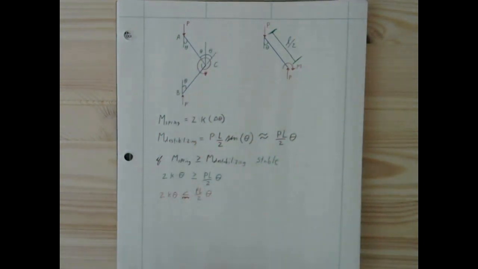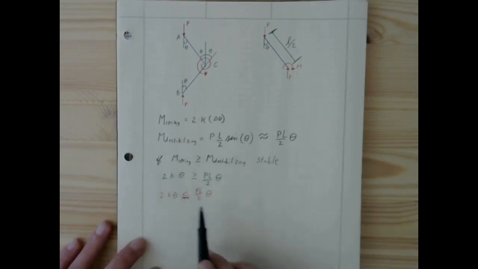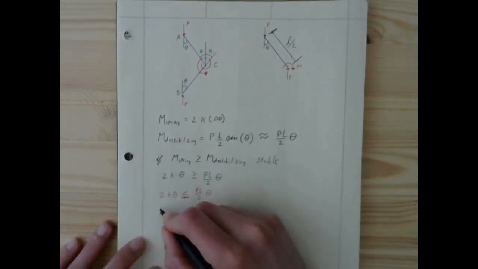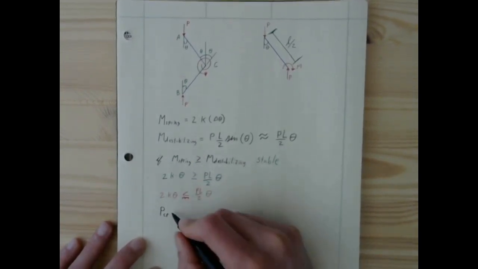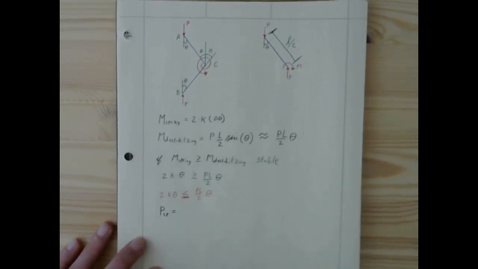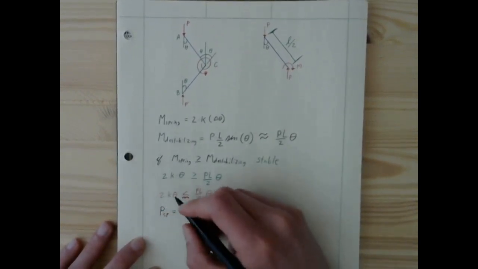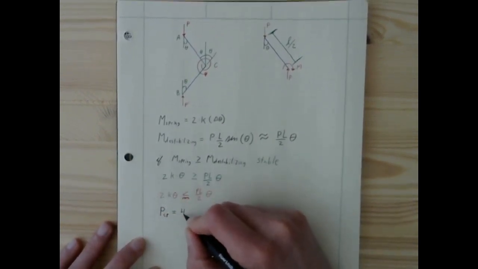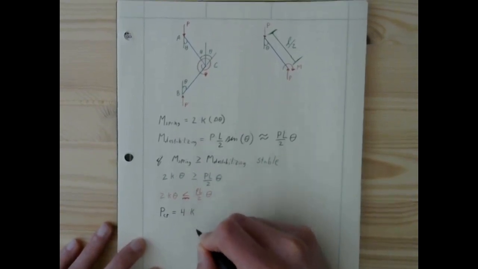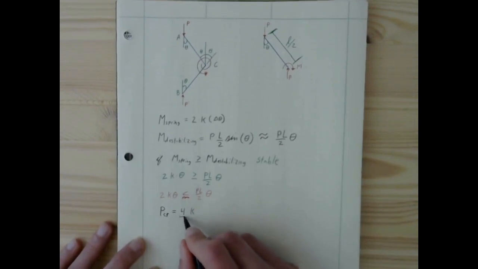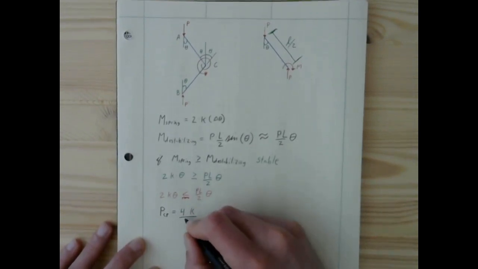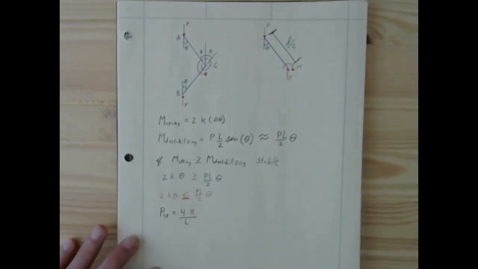So if we rearrange this, and we could just divide theta out from this, we'll get that the critical load at which this becomes unstable is going to equal 4 times the stiffness of the spring divided by the length.